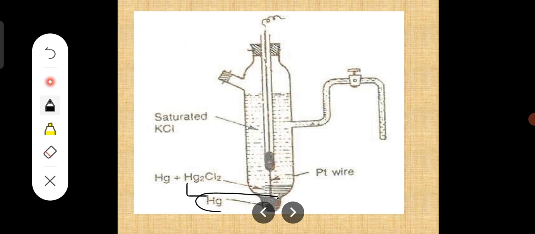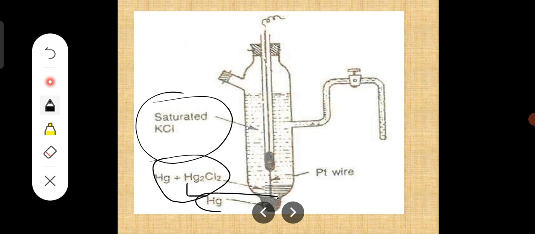Above it is a paste of mercurous chloride, and the remaining portion of the glass tube is filled with 0.1 normal, 1 normal, or saturated KCl solution. A platinum wire dipped into the mercury layer is used to make electric contact.